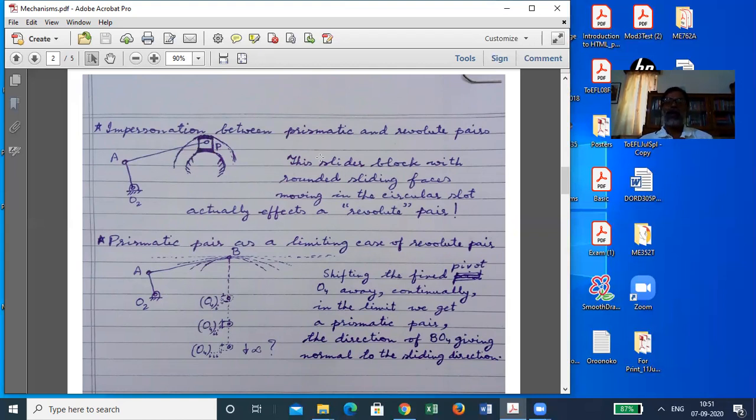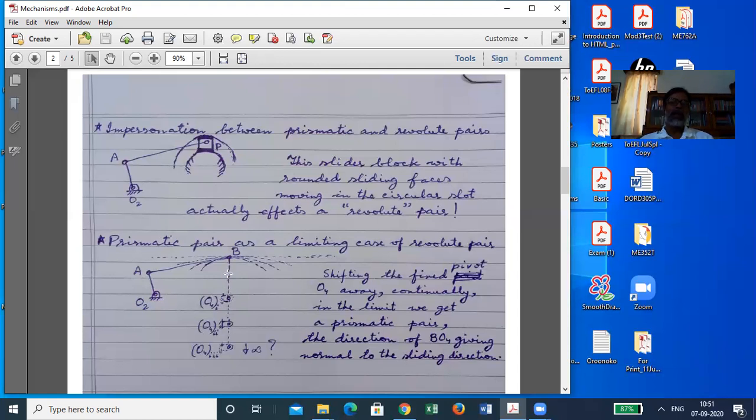So the slider block with rounded sliding faces moving in the circular slot actually effects a revolute pair. So it has to be seen and interpreted as such and treated as such. And another thing, look at that: O2A, B, and O4. After a while you say no, we don't want such a small link here.